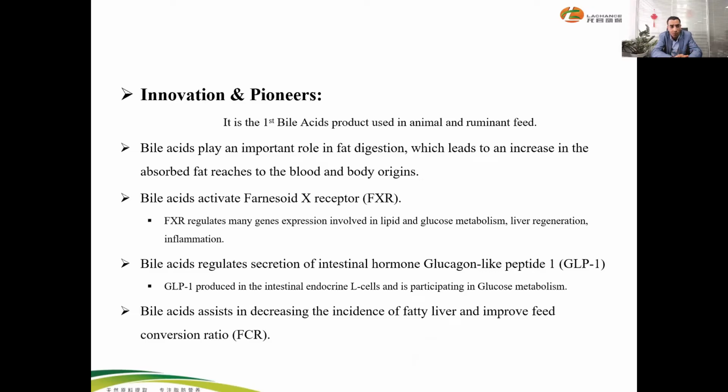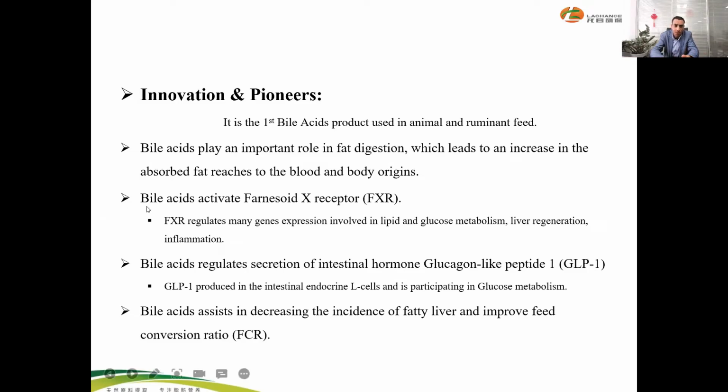As we mentioned during this presentation, and Dr. Safi also mentioned, bile acids play an important role in fat digestion. The famous and common function, as all people know, is as an emulsifier. Okay, it is an emulsifier, but this is not the main function. It is just one function out of four or five major functions.